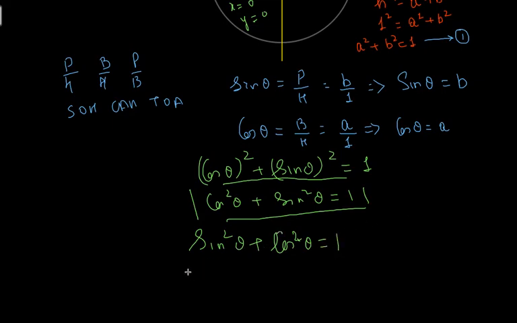Now, we'll derive one more equation from here. How do we do that? Let us divide both sides by sine square theta.